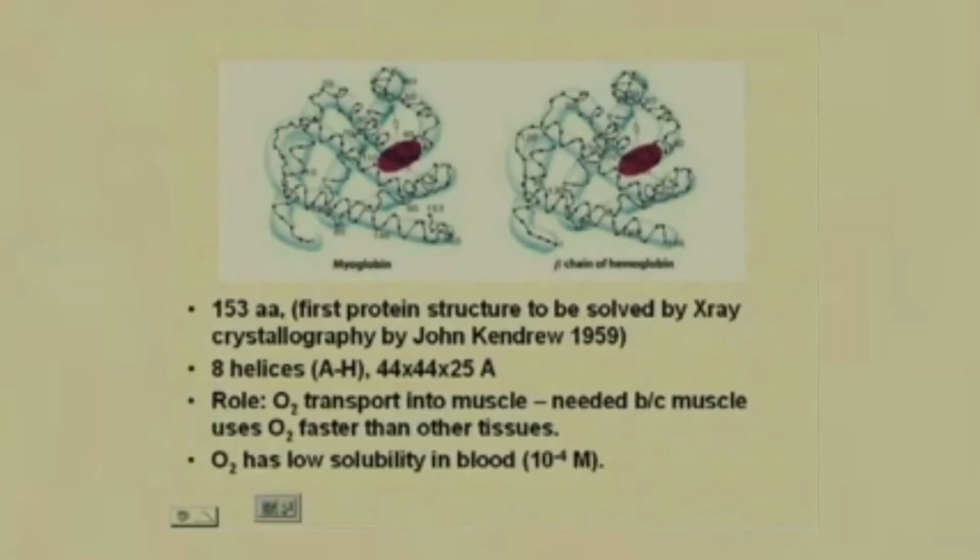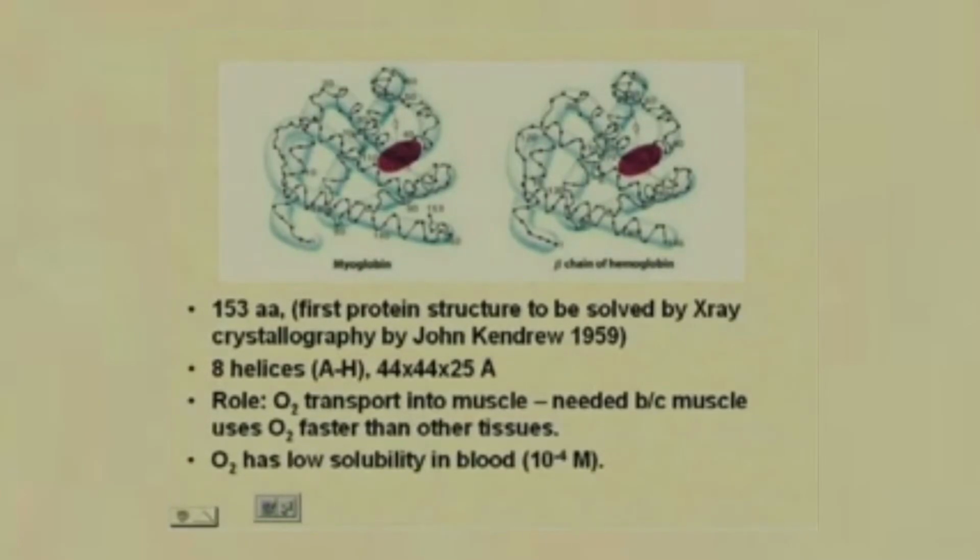Now, if we look at what I've got on the right hand side, this is the beta chain of hemoglobin, just the beta chain. You see how similar it is in structure to the myoglobin polypeptide chain. Okay?